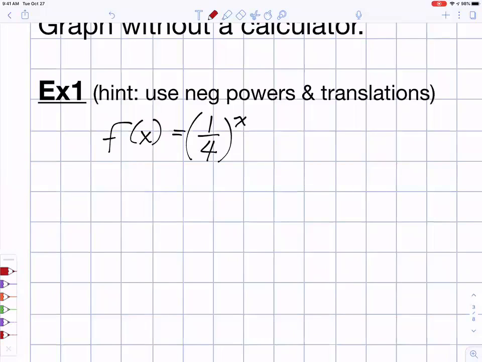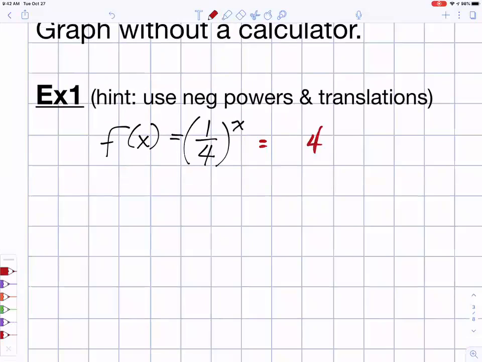So then how could I rewrite this guy to make it not a fraction? No, so the negative, I'm not changing the sign of the base, I'm only changing the sign of the power. 4 over 1, which I don't need, to the negative x.